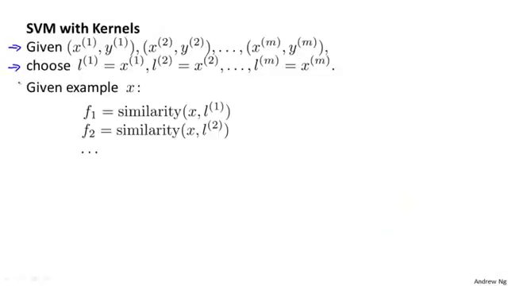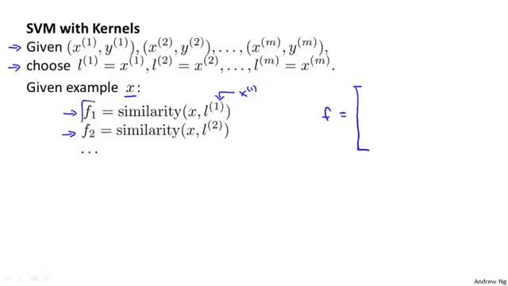When you're given an example x, and this example x can be something in the training set, something in the cross-validation set, or something in the test set, I'm going to compute these features, f1, f2, and so on, where L1 is actually equal to x1, and so on. And these then give me a feature vector, so let me write f as a feature vector.